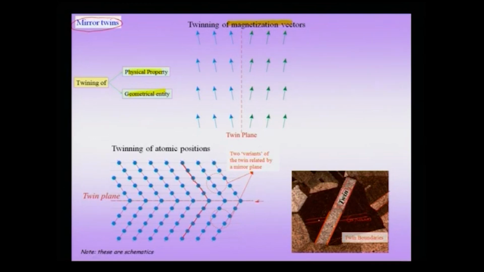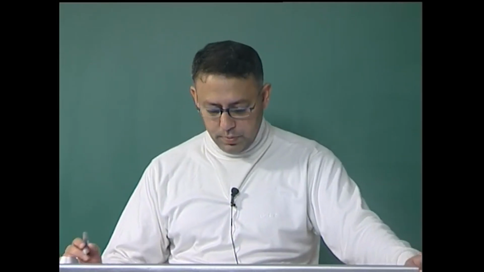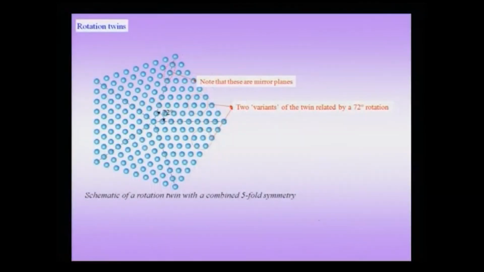Now, a twin need not only be a mirror twin, there are other kinds of twins which are possible, and just to cite such an example, there is one here which is called the rotation twin, and in a rotation twin there are many variants. For instance this is one variant, there is a second variant right here, this is the third variant, and the fourth variant and the fifth variant.